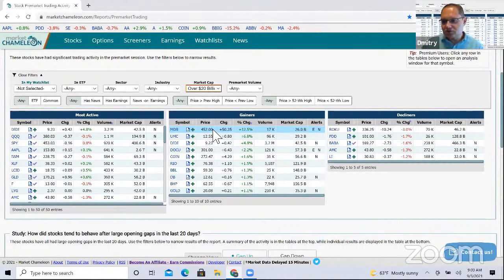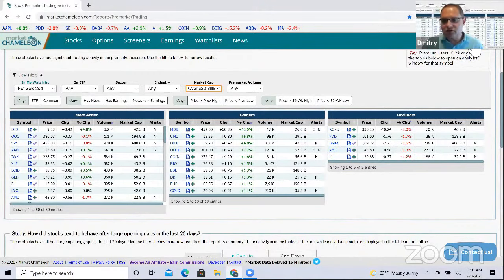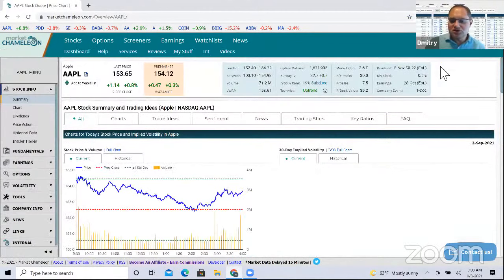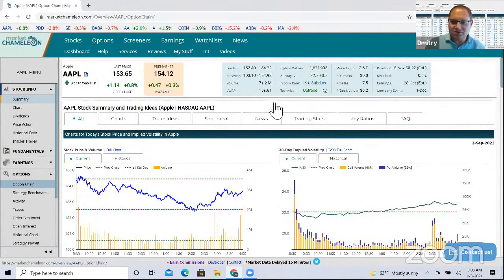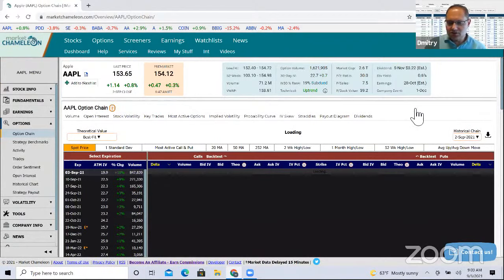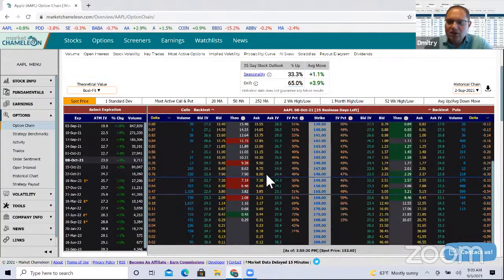Okay. So I'm just going to use Apple. I have it queued up here, and we'll just stick with Apple in this demonstration. When you're looking at an options chain, you're trying to determine sometimes, well, I see all these implied volatilities and different months and different trades going on.